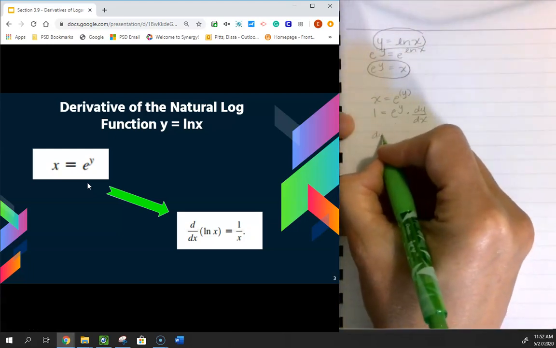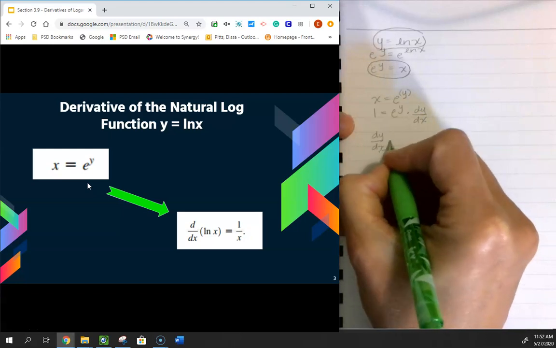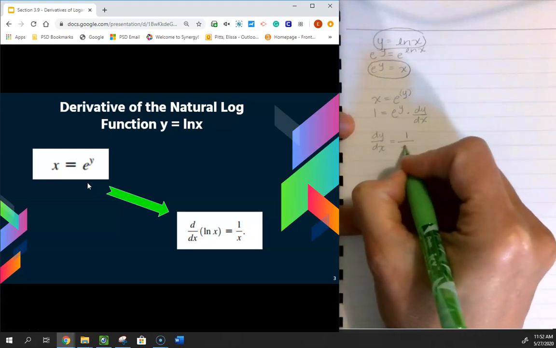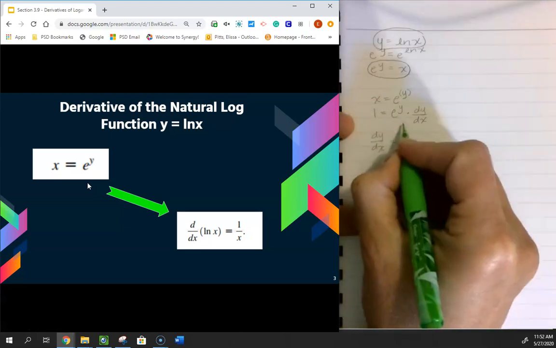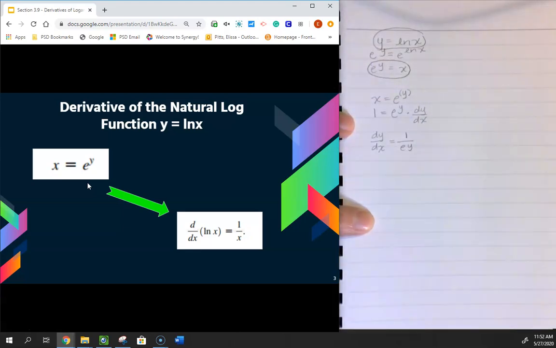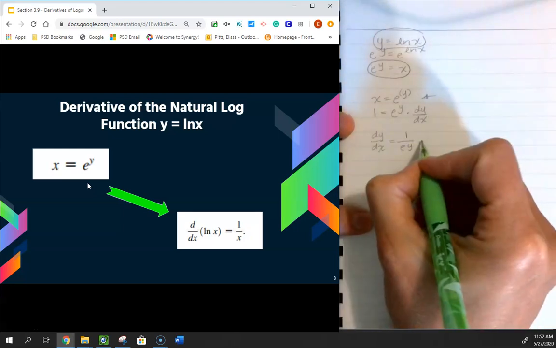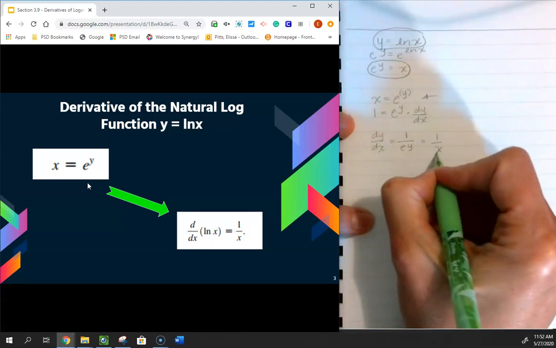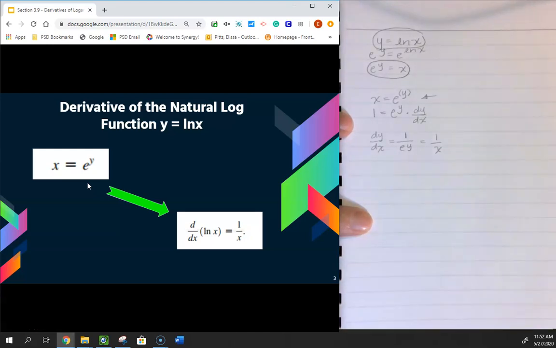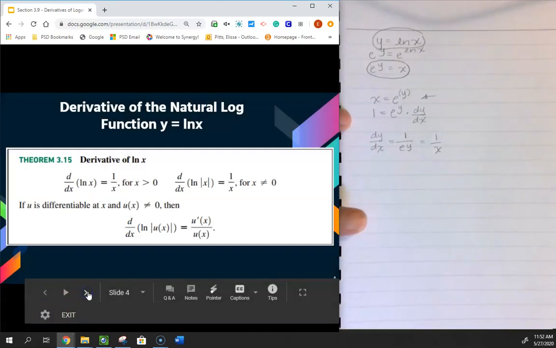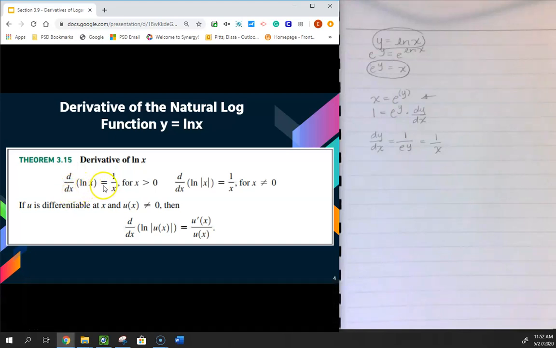Solve for dy dx. We would end up with dy dx equals 1 over e to the y, just dividing by e to the y on both sides. And then e to the y is equal to x from this step, so dy dx is equal to 1 over x. And so we get the property that the derivative of the natural log function is equal to 1 over x.